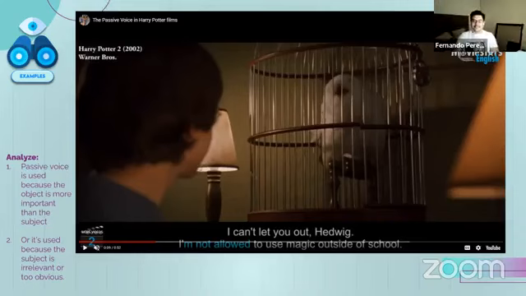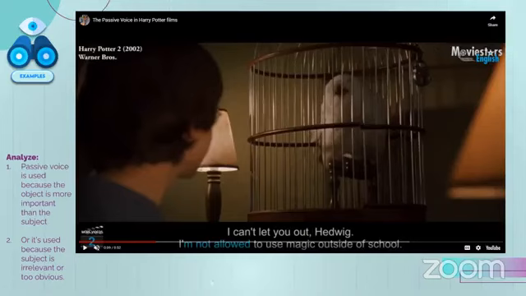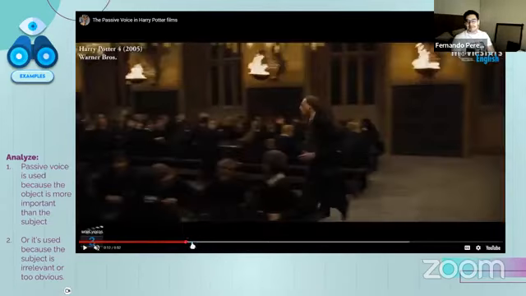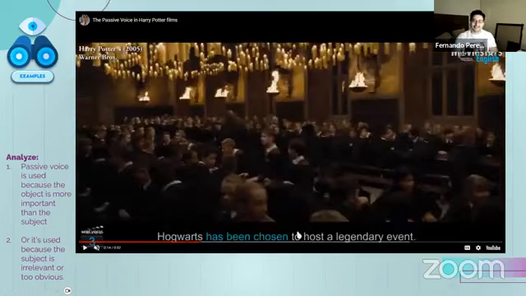Oh, yes, I understand now. Thank you. Perfect. We needed examples, right? Definitely. It's easier. But after all the information that we received before, these examples become super easy. This one is a little bit more tricky for people who have problems with auxiliary have. It says Hogwarts has been chosen to host a legendary event.